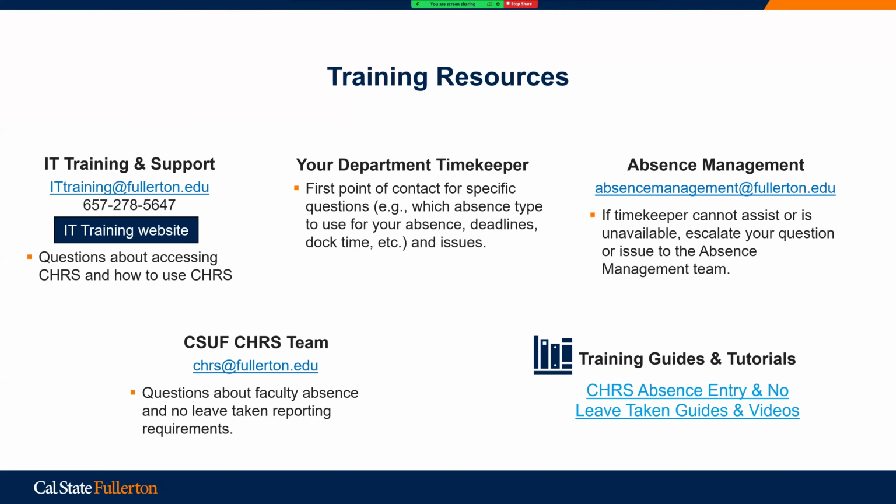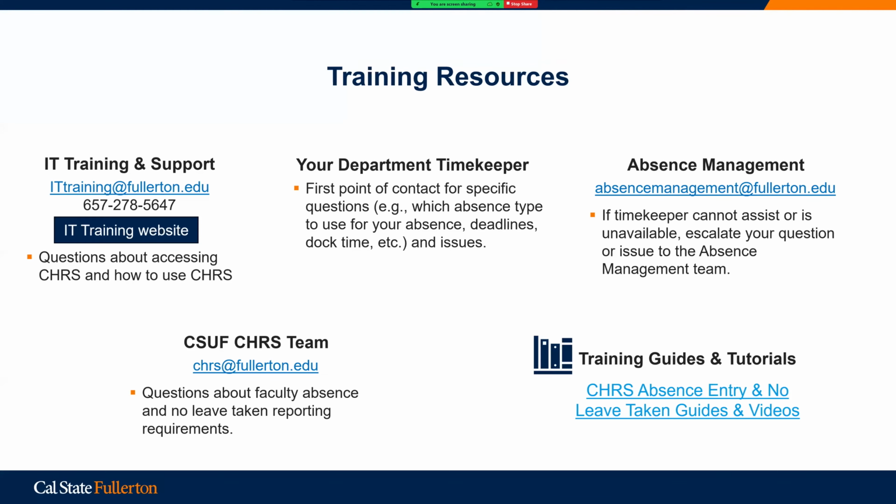On this slide are training resources for absence management. IT Training can assist you with how-to questions about accessing and using CHRS, but if you have more specific questions, such as which absence type you should use for a particular absence, you should reach out, first of all, to your department timekeeper for guidance.